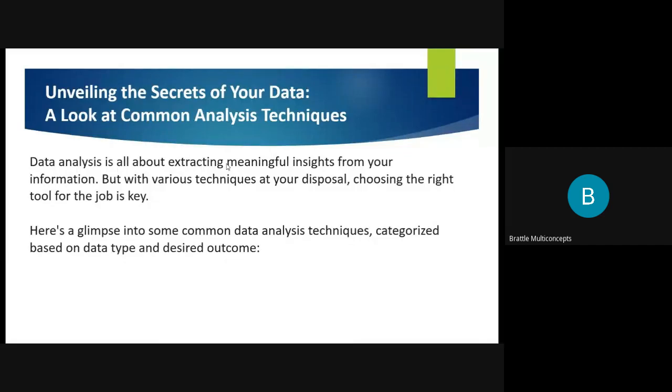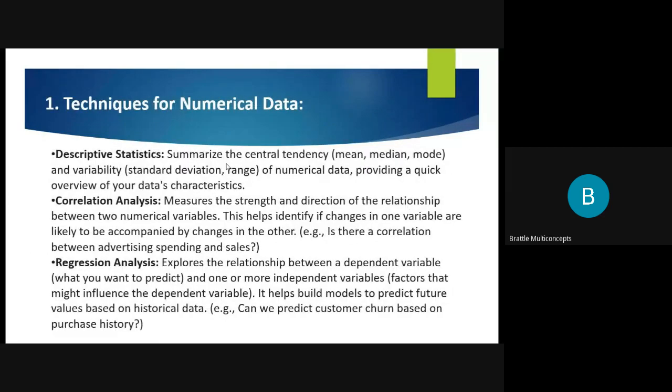So here are the simple techniques we can look at. One, the techniques for numerical data. Remember, we have two types of data, numerical and categorical. For numerical data, we have what is called descriptive statistics, where we summarize our data into maybe median, mode, standard deviation, range, and a quick overview of characteristics of the data.